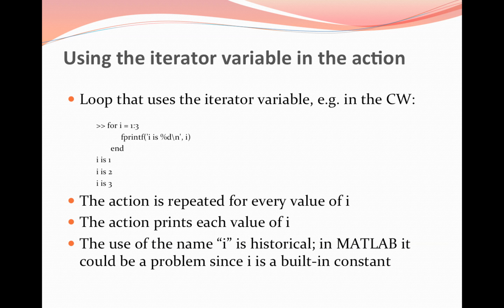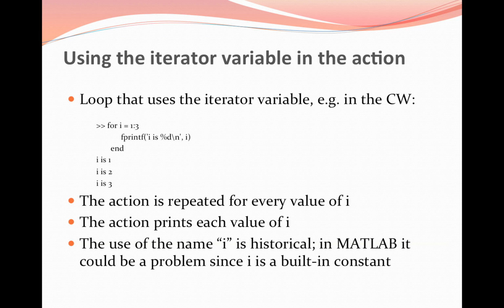The use of the variable name i for the loop variable is historical. It goes way back to early versions of Fortran and the ways in which you had to name variables in Fortran. But basically ever since, programmers in many languages have used loop variables called i, j, k, etc. In MATLAB, the use of i or j could be a problem because those are built in as constants for the square root of -1.